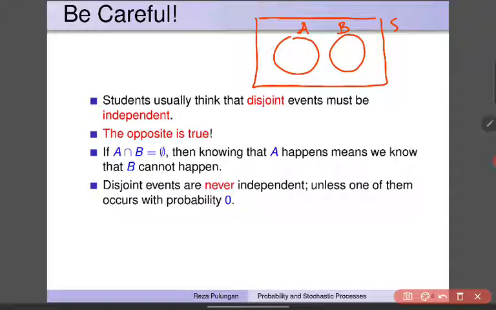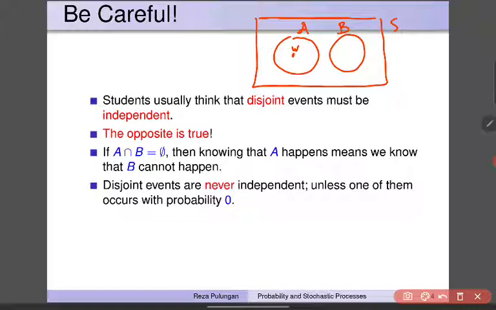If A intersection B is equal to the empty set, then knowing that A happens means we know that B cannot happen. So if we know that a particular outcome, omega, is already inside of A, it cannot be inside of B any longer.